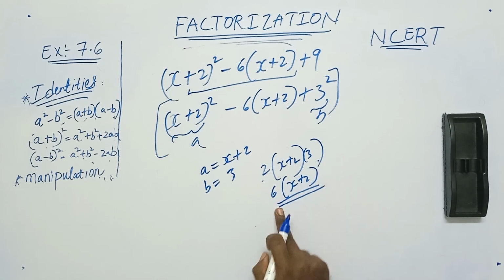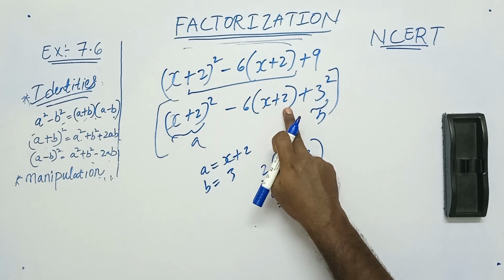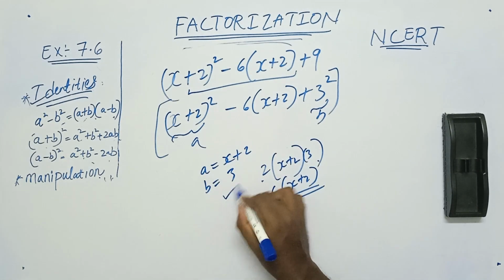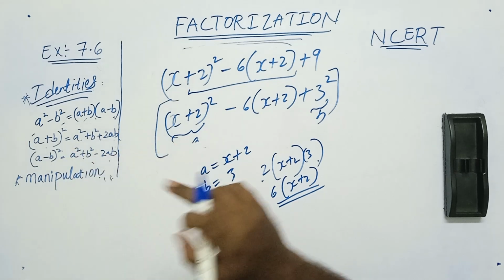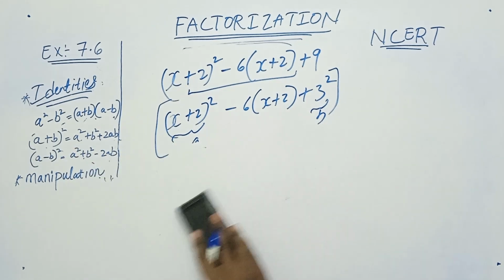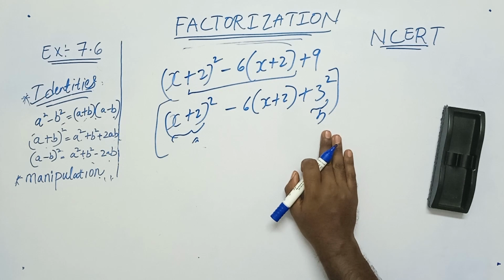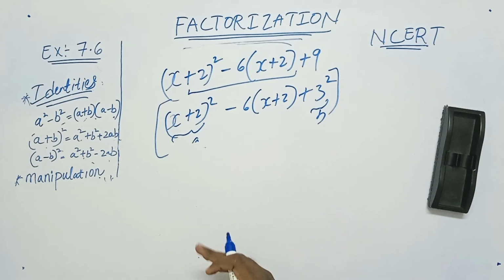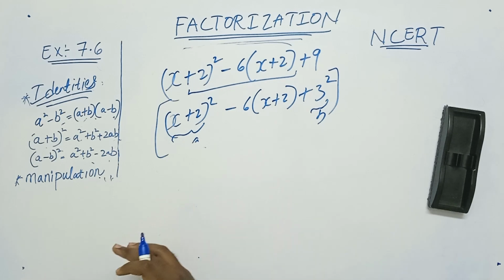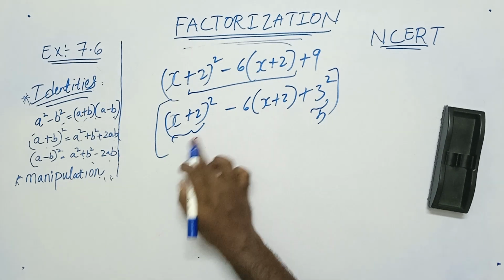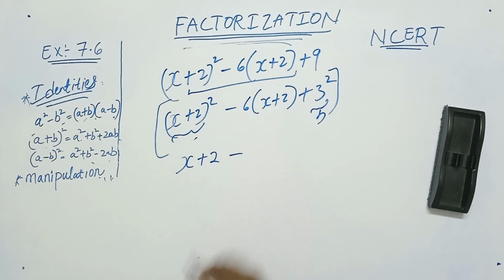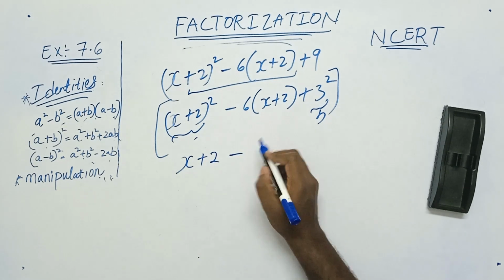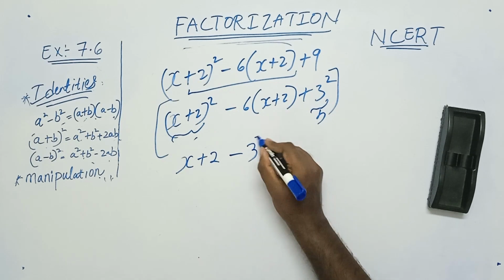What we are getting is the middle term, 6(x plus 2). That means the a and b values are correct. The whole expression resembles a square plus b square minus 2ab, which is equal to (a minus b) whole square. What is the a value here? Here the a value is x plus 2, minus, what is the b value? 3.